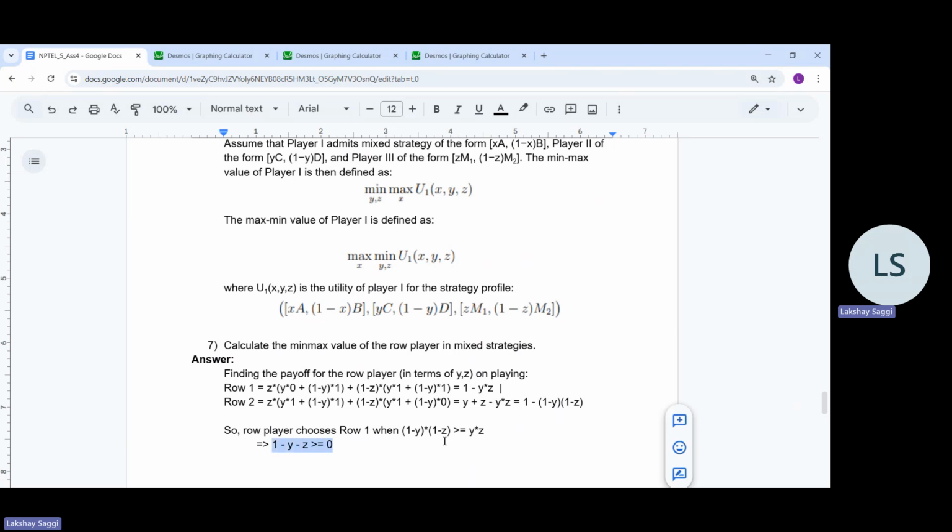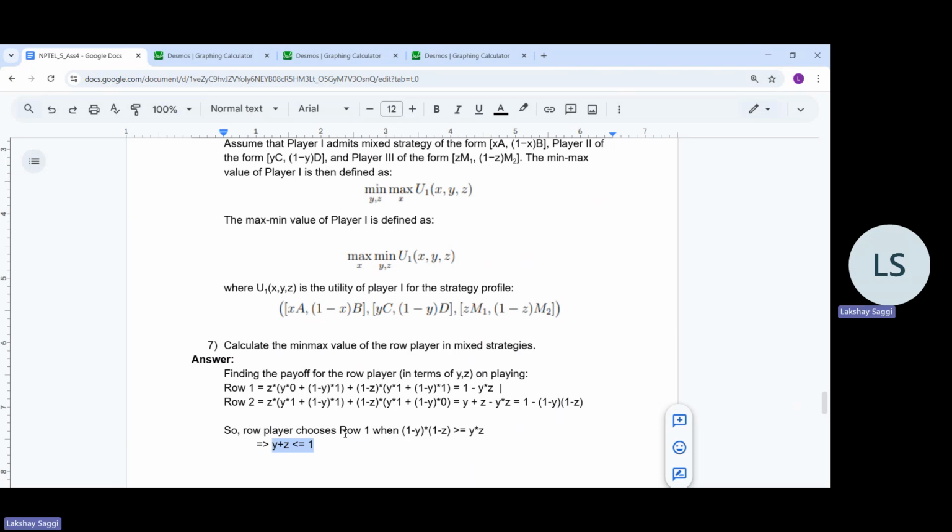So whenever this happens, the row player will choose row one. Otherwise, the row player will choose row 2. So this is again equal to saying y plus z is less than or equal to 1. If this happens, then the row player chooses row 1, else the row player chooses row 2.